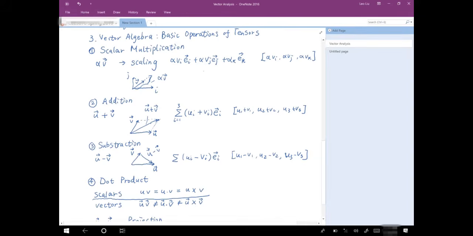So for C, let's see if it's commutative, whether alpha V equals V alpha. We can prove it based on the definition of scaling. This operator is commutative, and is also associative.